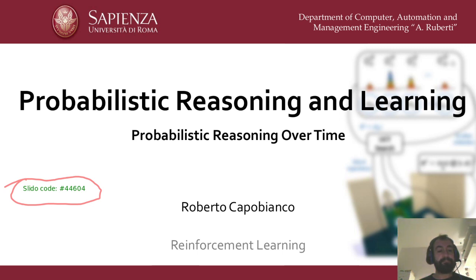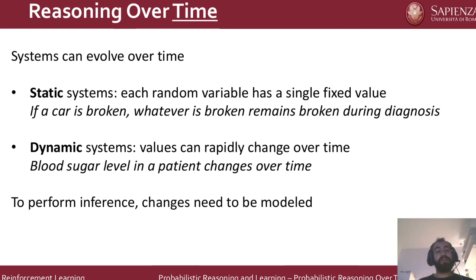So what does it mean to be reasoning over time? It means to be reasoning about systems that evolve over time. For example, last week we talked about static systems, where we had random variables in a Bayes network, and once these random variables got a value, they kept that value fixed unless you started a new event.